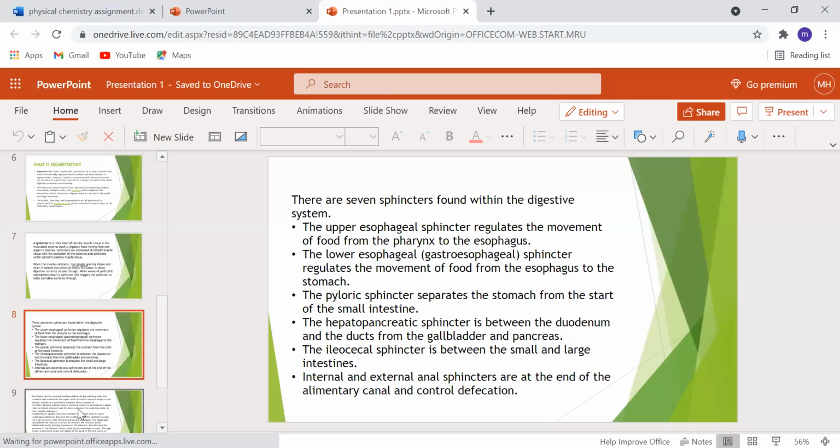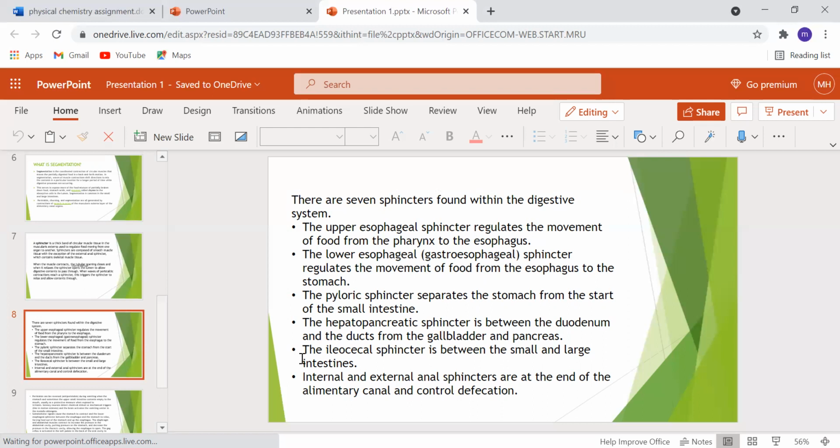The pyloric sphincter separates the stomach from the start of the small intestine. The hepatopancreatic sphincter is between the duodenum and the ducts from the gallbladder and pancreas. The ileocecal sphincter is between the small and large intestines.